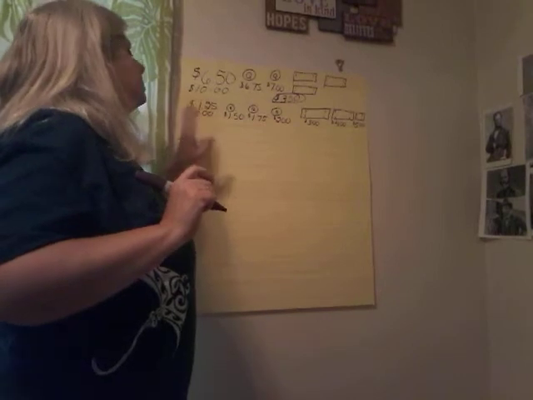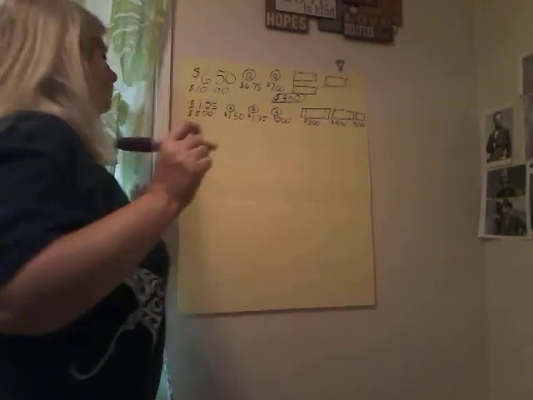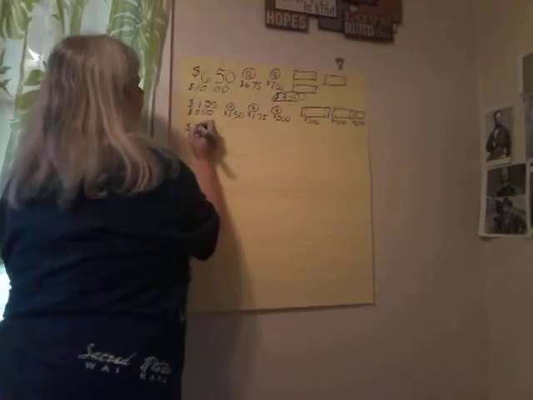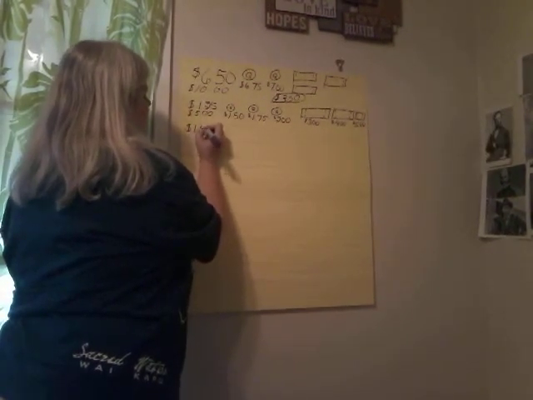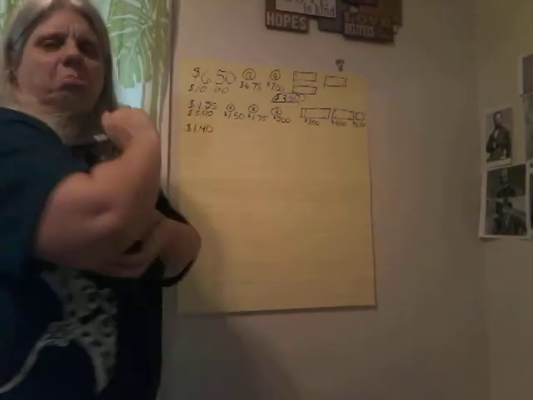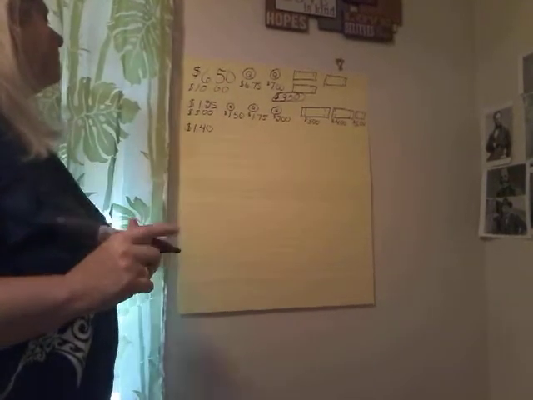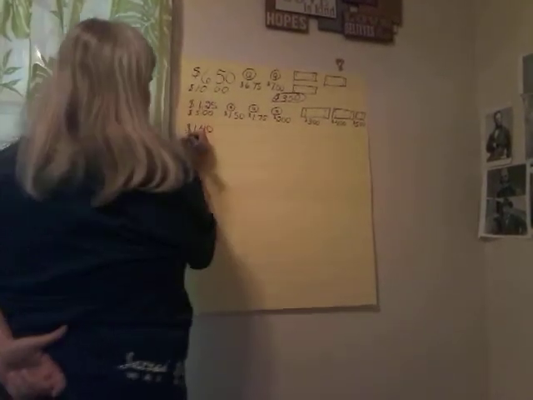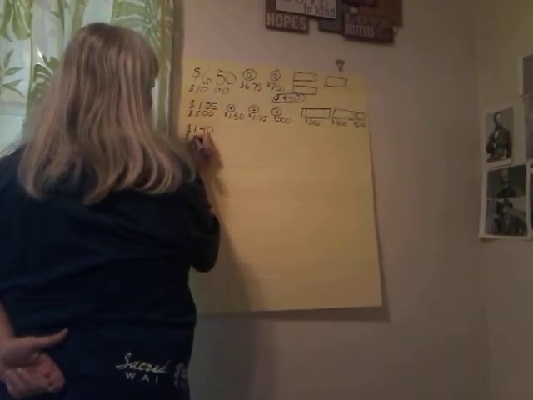Okay. So let's go ahead and think about a number, which will be, say, $1.40. We'll start out with no pennies yet. So we have $1.40, and we give the person, well, no, that wouldn't be good.